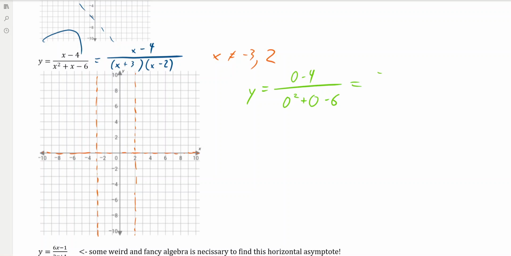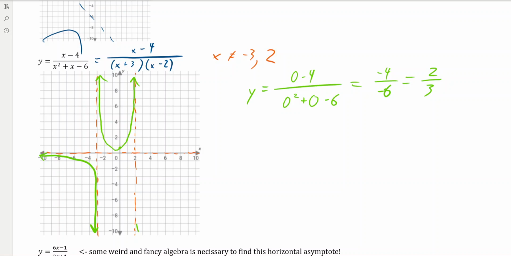So this is negative 4 over negative 6, which is positive 2/3. So that would be that point, which is probably not the lowest it gets, because it probably looks something like this, because it's not in the center of that part there. So it's going to look something like this.